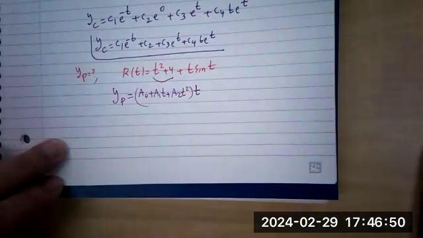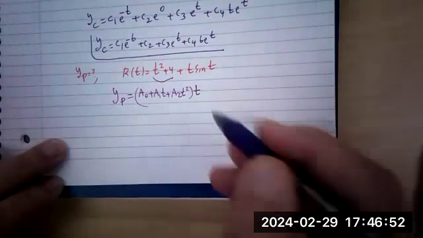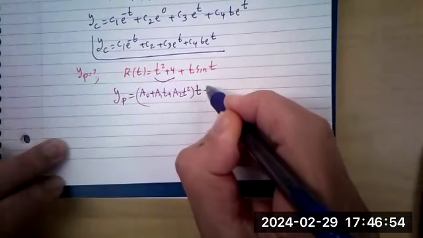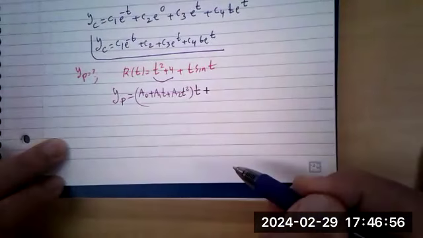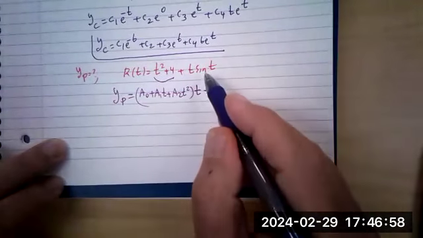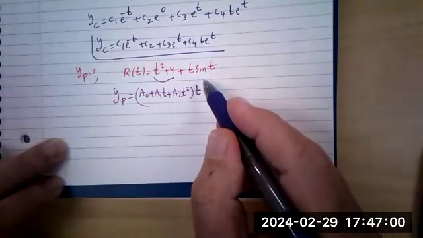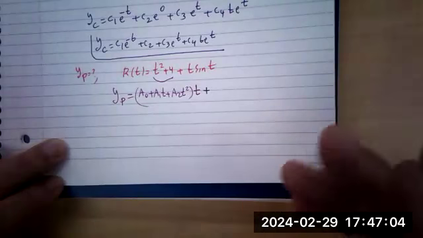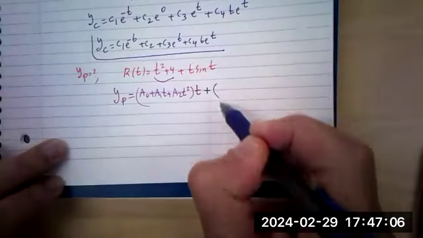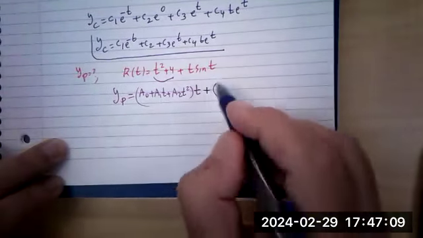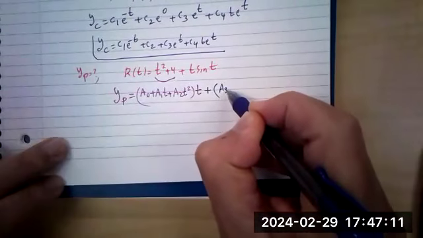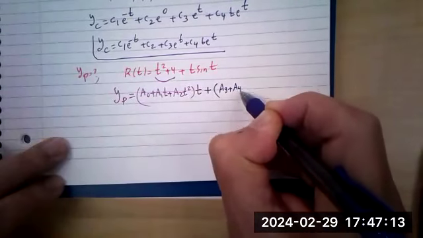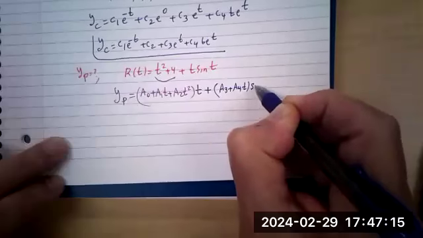We have done the first part. In the second part, you have a linear polynomial times sine. So you need a linear polynomial of first degree by the sine and by the cosine. Remember, sine and cosine at the same time. We already got up to a2, so this is going to be a3 plus a4 t, times sine t.